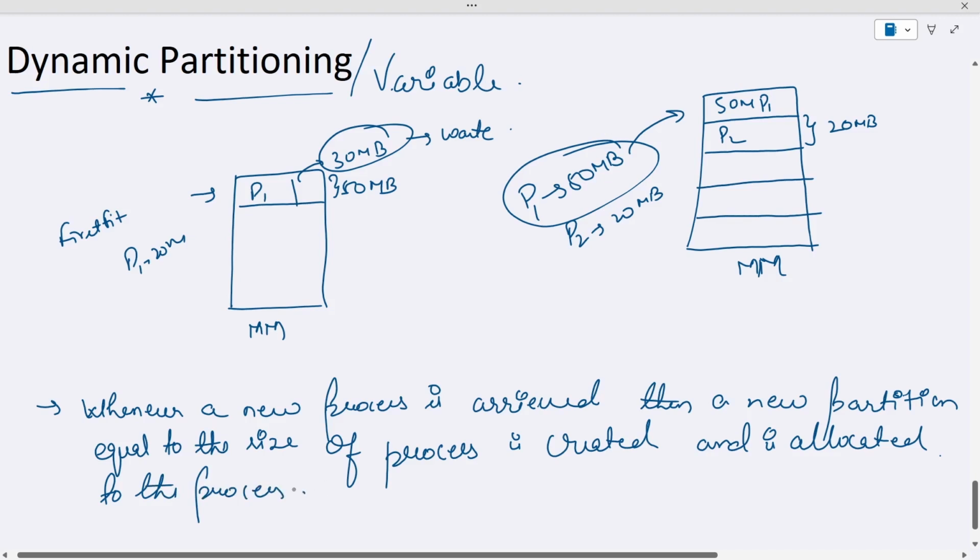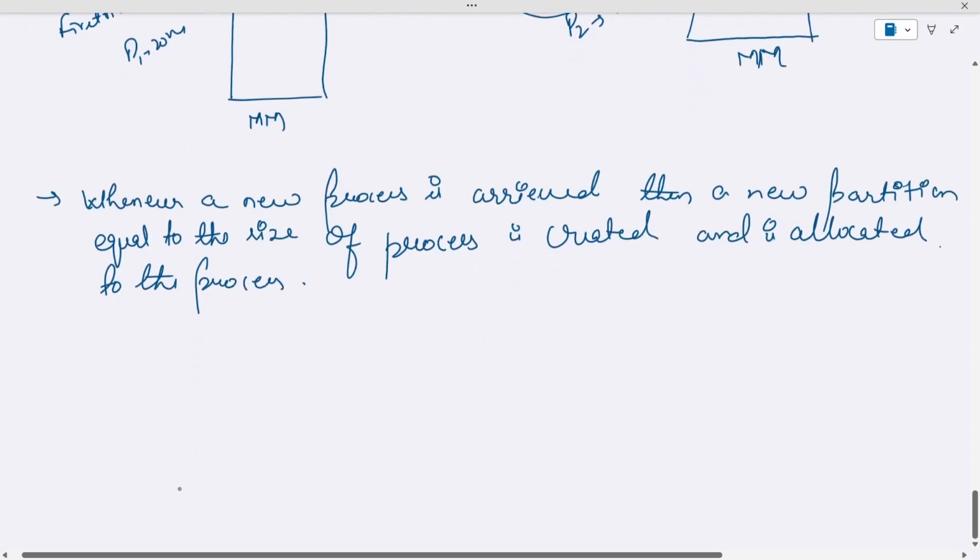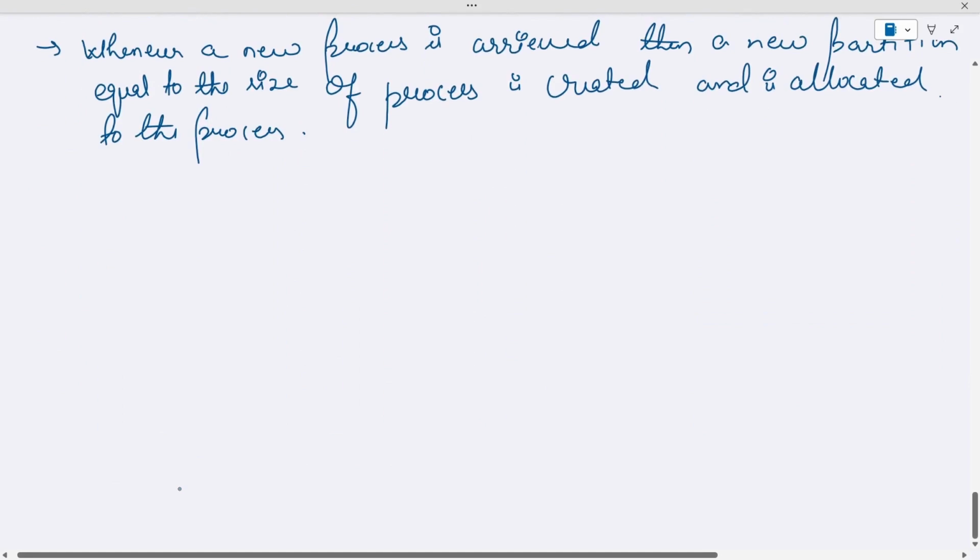This is what happens in dynamic partitioning.